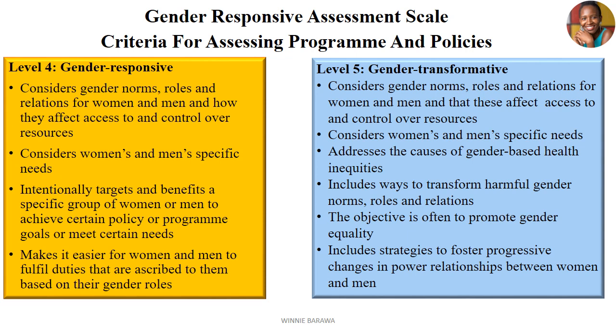So when you are assessing programs and policies, you can apply these criteria by looking at how considerate they are to the gender norms, roles, and relationships between men and women. You are able to see how considerate it is of women and men specific needs. Is it eliminating the gender inequalities? Is it promoting gender equity? Is it promoting progress and creating a power balance between men and women in the community?